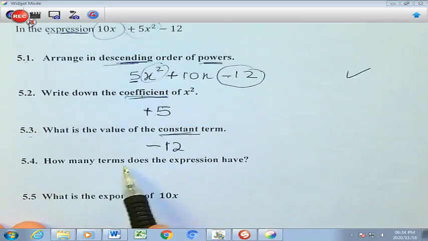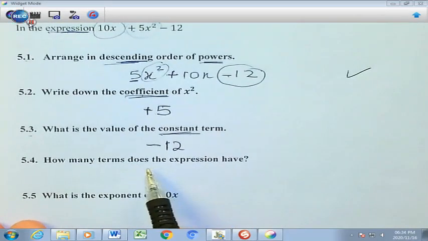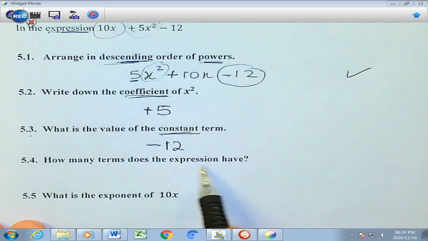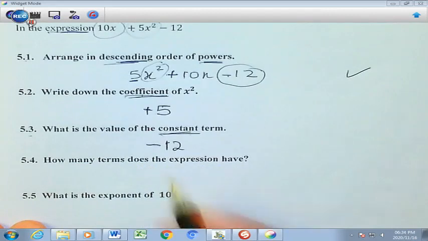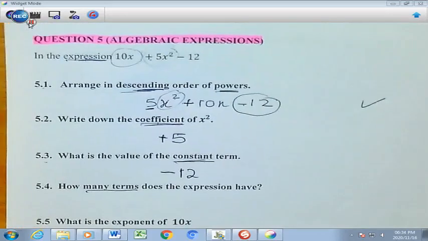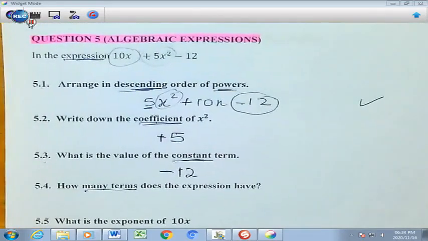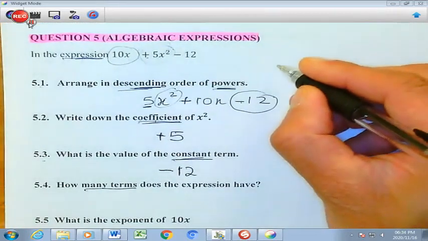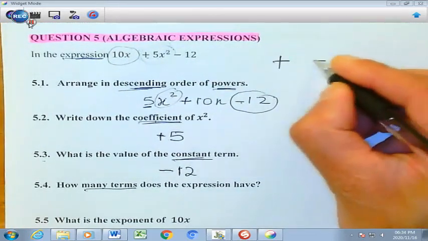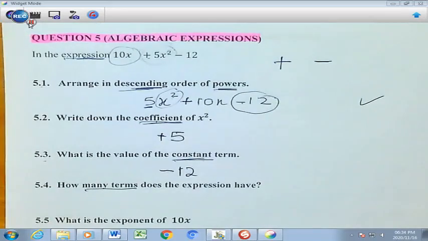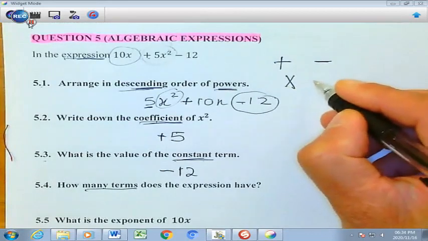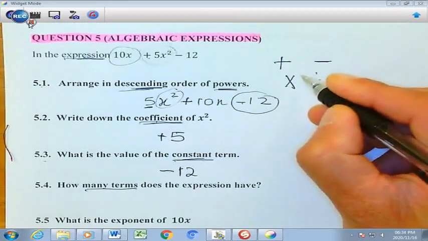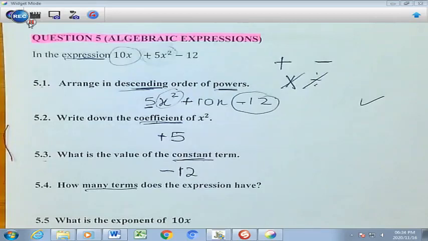5.4, how many terms does the expression have? So what divides an expression into terms? 2 things. And that's the rule. Only plus and minus actually separate terms. Not multiplication, nor division. Those do not separate terms.